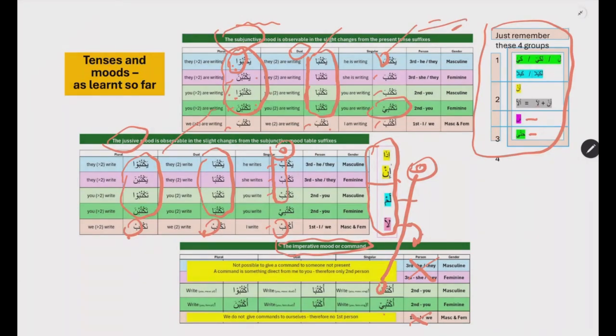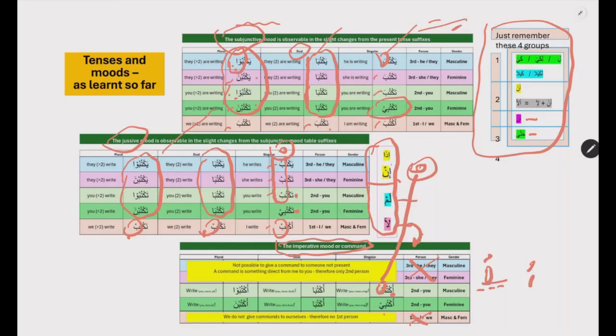The only difference is that the ta of these 2 changes to an alif, and that alif, because you're talking of the verb kataba yaktubu with the dhamma on the middle letter, therefore the alif takes a dhamma as well. So that was the one where we said u for a verb where the 3 letters are in this one here.